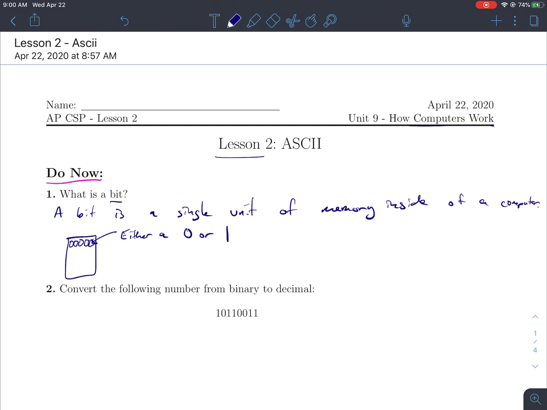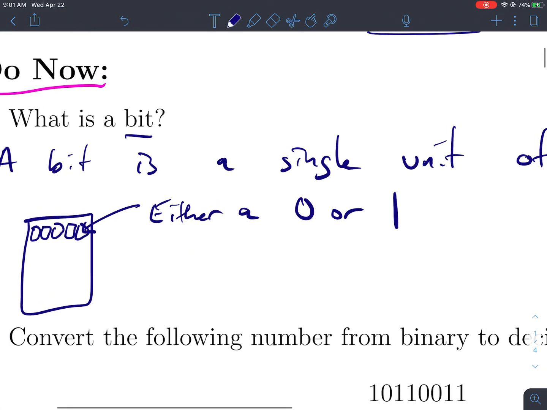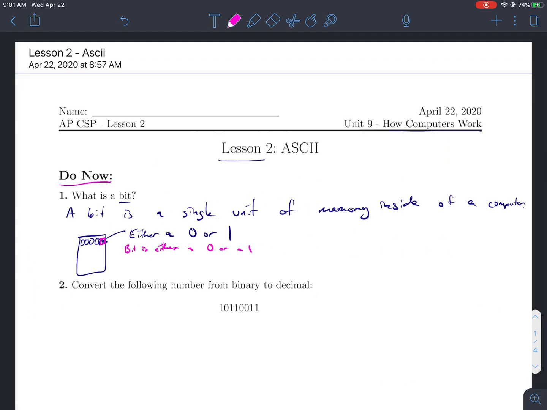Depending on which way a magnet was facing, either facing up or facing down would be 0 or 1, or whether there was current going through that slot would be a 0 or a 1, or whether there was an electron stored in an open cell would be a 0 or a 1, depending on the component that you're talking about. But this right here, that smallest unit of memory, that is a bit. And so a bit is always either a 0 or a 1.